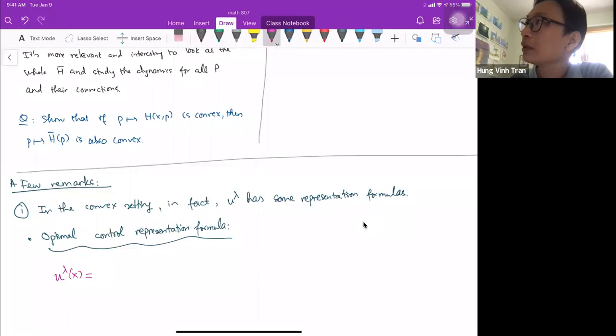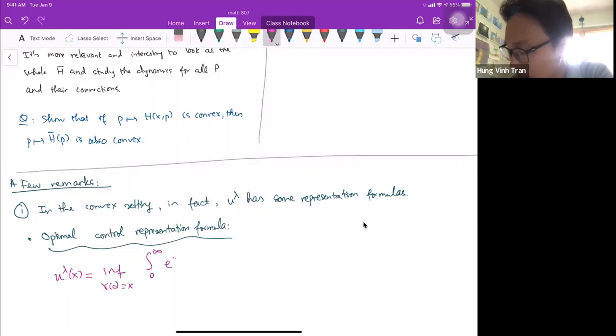Yeah, I think it's u lambda. So it's equal to the so-called infinite horizon optimal control problem. So you take the infimum among all paths gamma starting from x of the action functional, the integral from 0 to infinity of e to the minus lambda s times L of gamma s, minus gamma dot of s, ds. Okay.